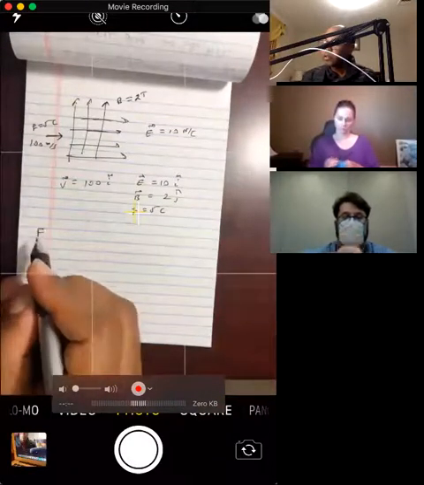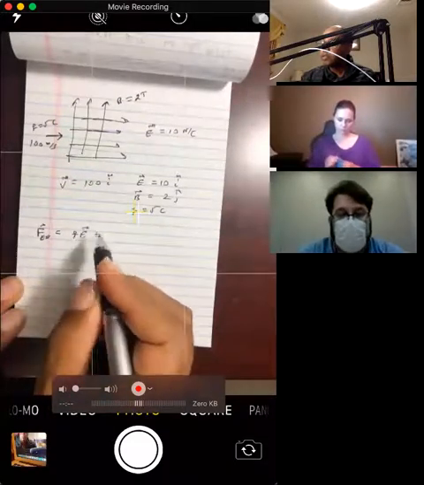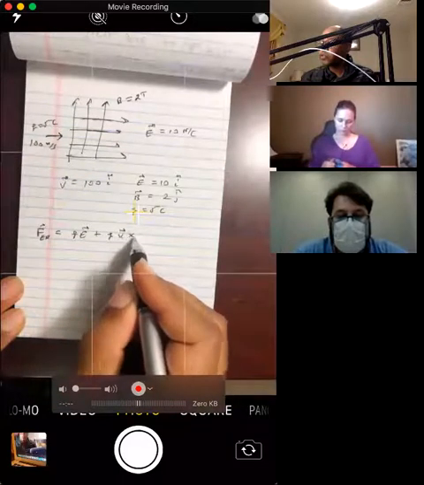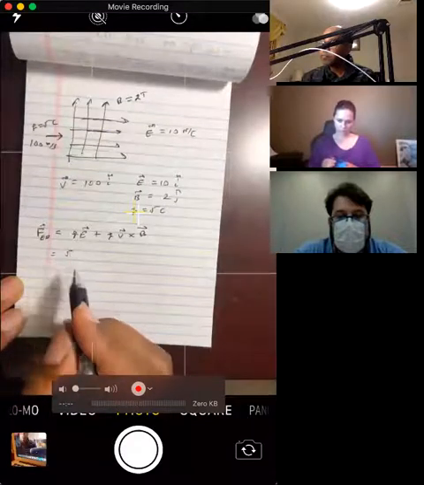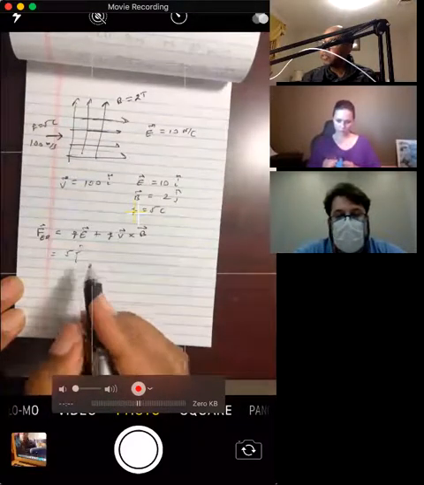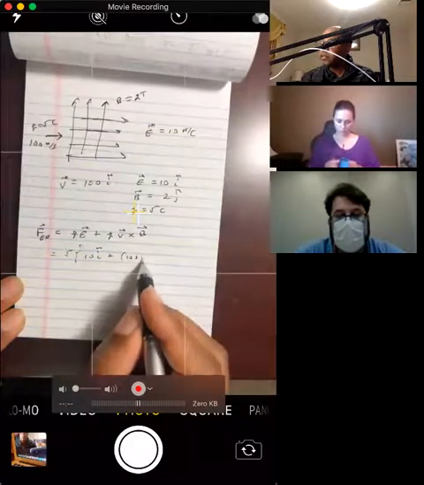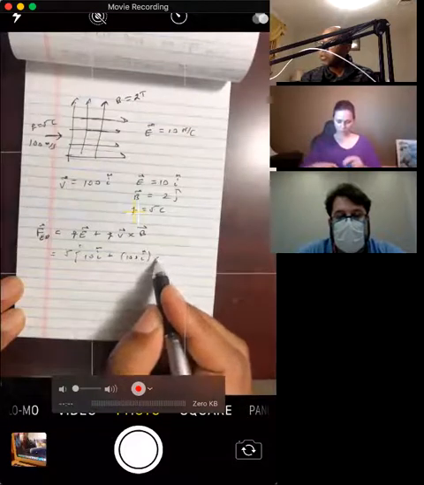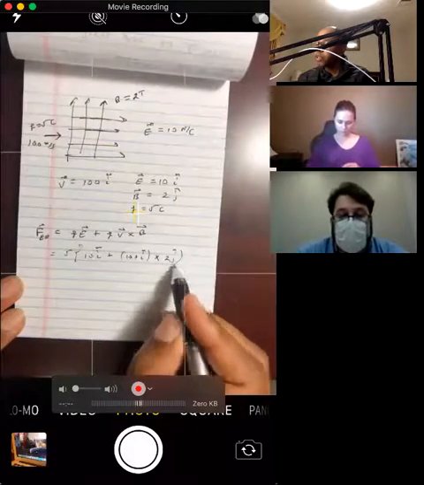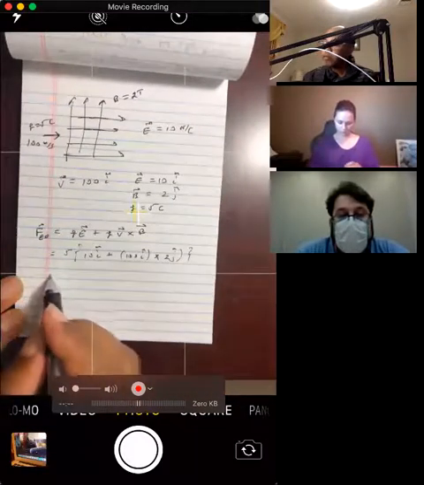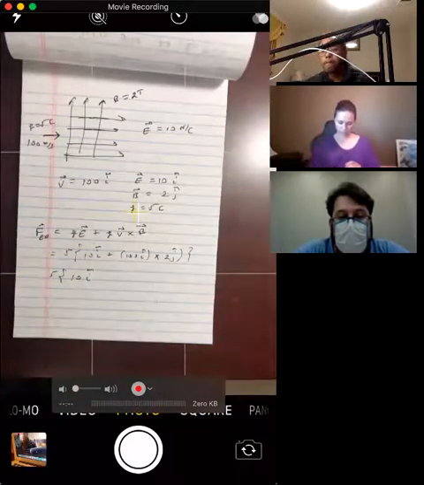So the electromagnetic force, F_EB, is QE plus QV cross B, okay? So my charge is 5, in the bracket, the electric field is 10 in the I, and this is the velocity, 100 in the I, crossed with the field, which is 2 in the J, okay? So what do you have? 5, you've got 10 in the I. What is I cross J?